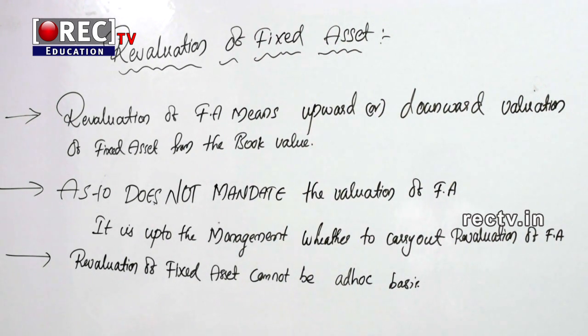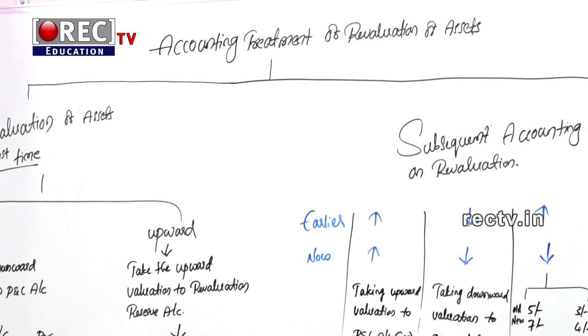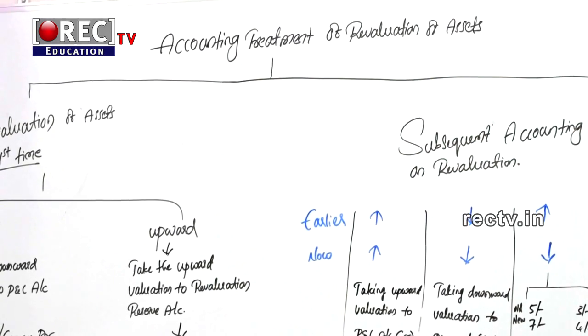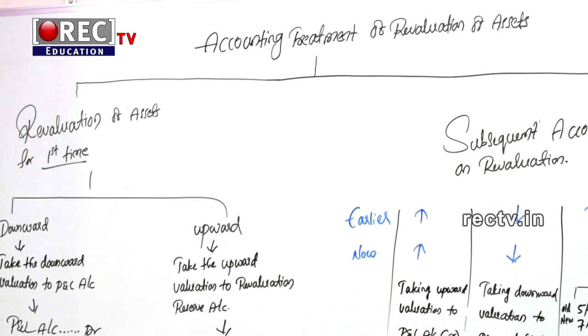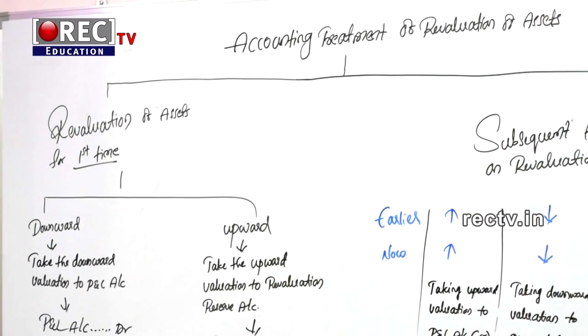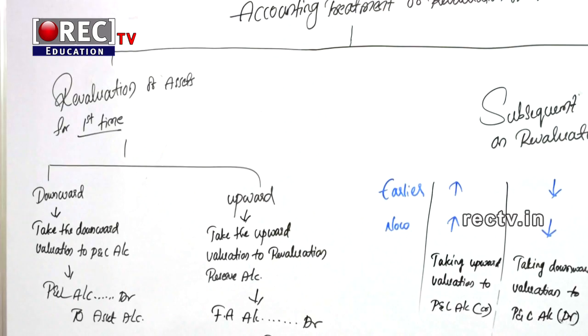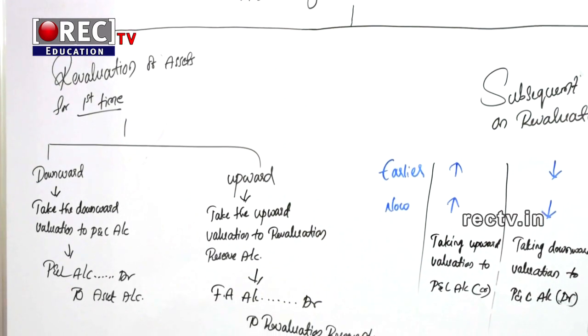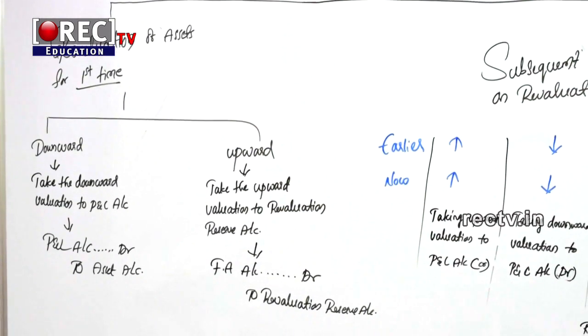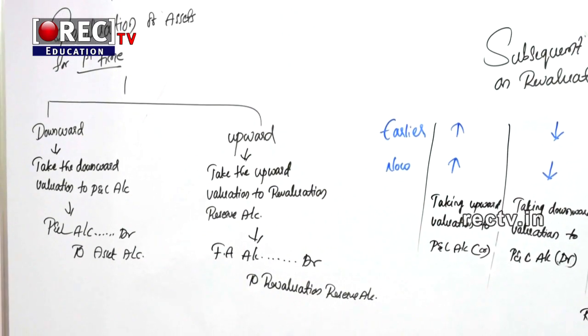Now let us look at the accounting treatment of revaluation of assets. This is divided into two. First, revaluation of fixed asset for the first time. Here one is downward and another is upward. For downward, take the downward valuation to the P&L account.